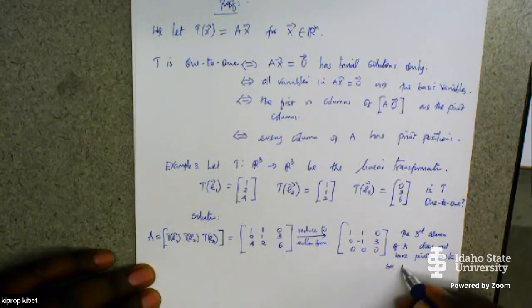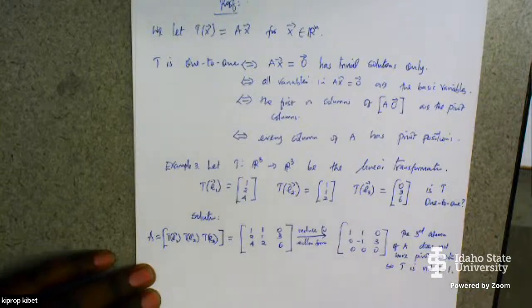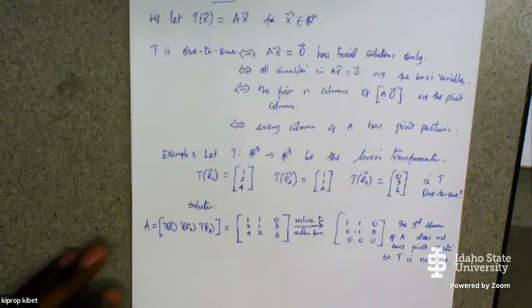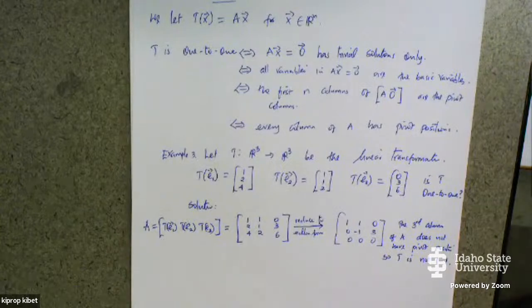So T is not 1 to 1. It is also not onto, because the last row here doesn't have a pivot position.